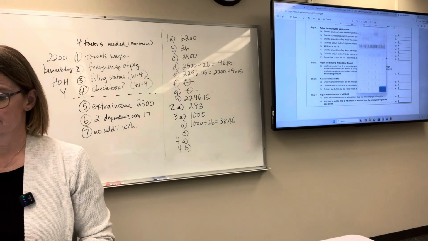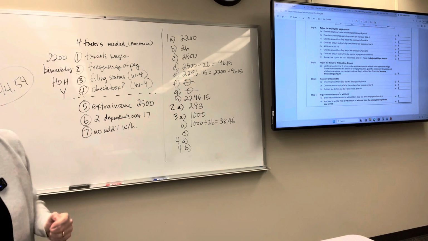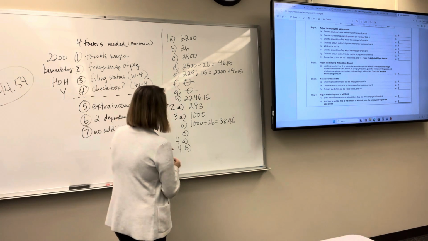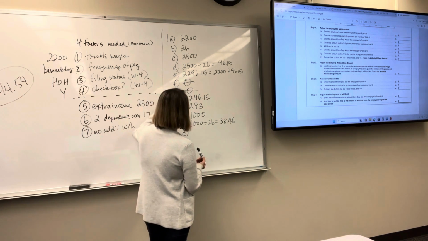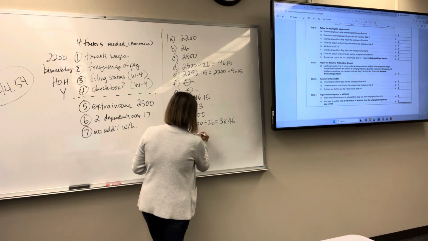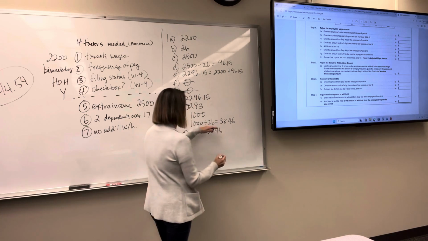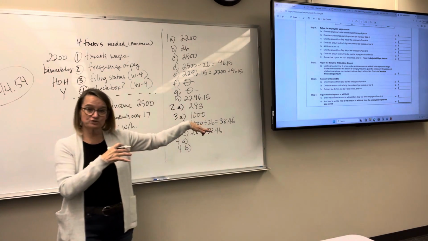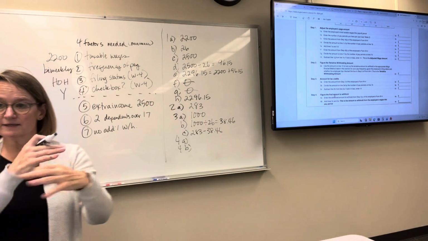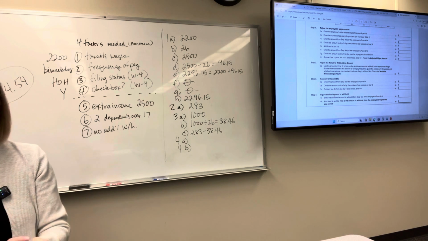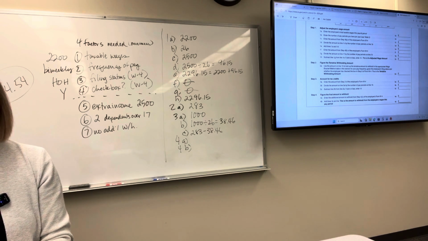Subtract line 3B from line 2A. So 283 minus 38.46. Remember, they're getting this tax credit. They're applying it equally throughout the year to each of their pay periods.